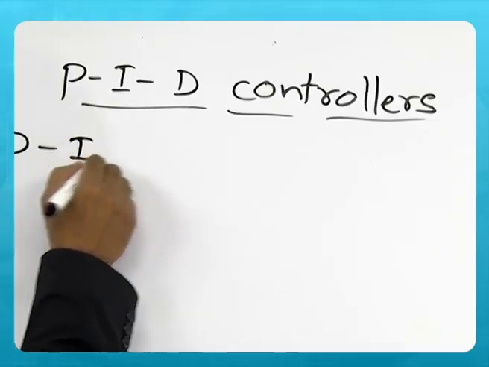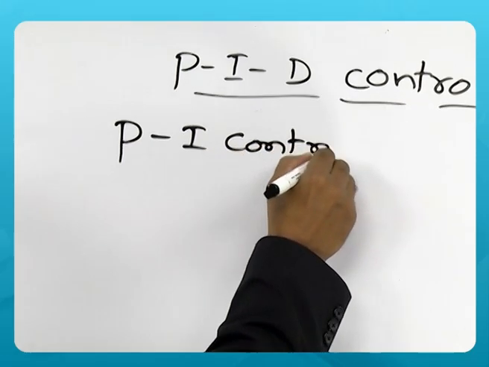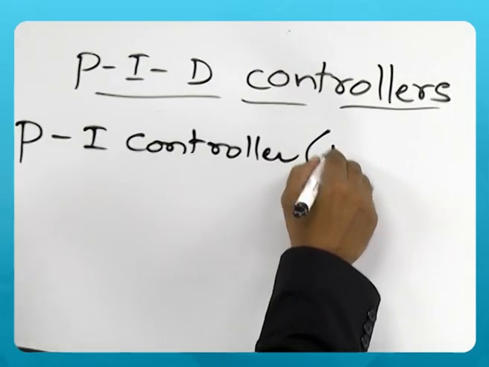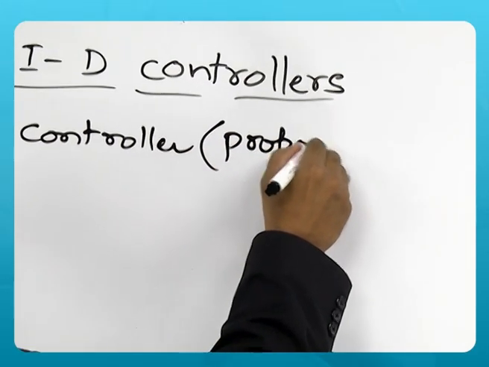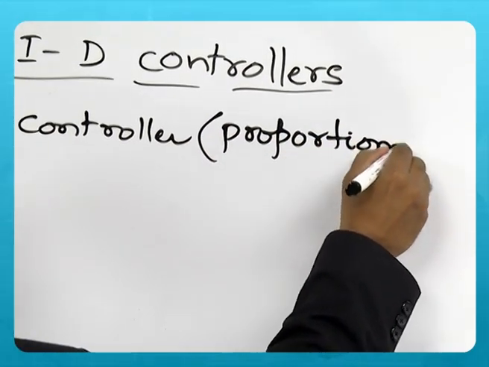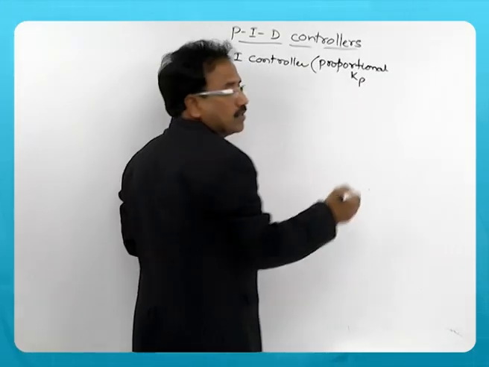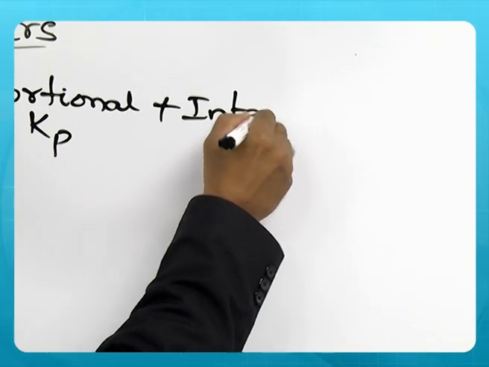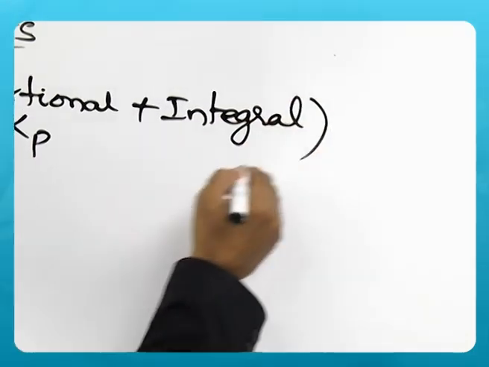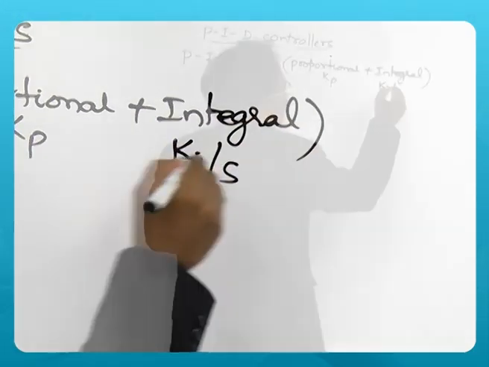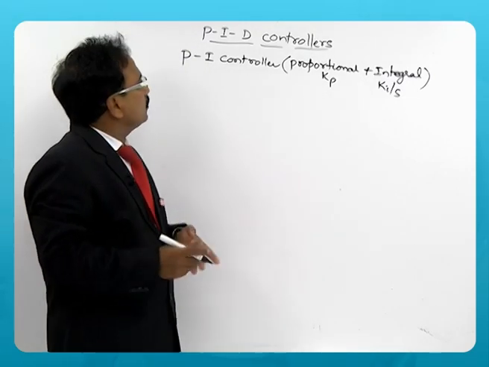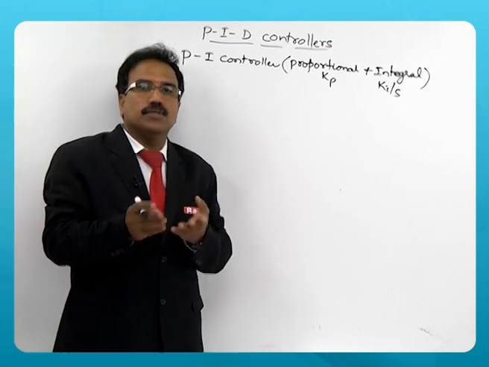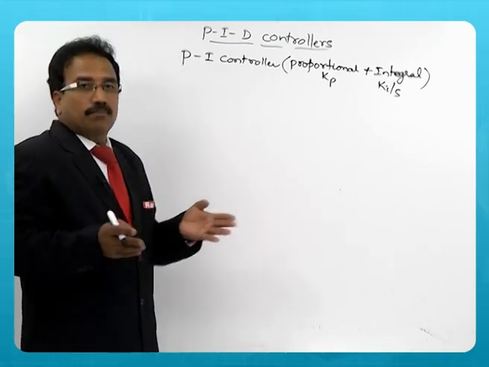So PI controller. We need to combine proportional, which has got Kp, plus integral, this is Ki by S. To get the advantage of both proportional and integral controllers, we need to combine them.